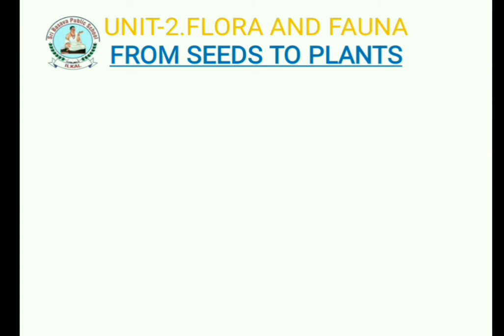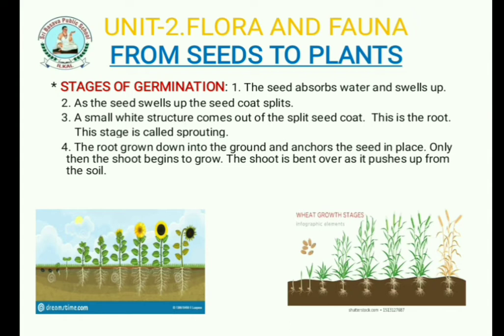Next, observe here, sunflower is there, wheat is there. These are two types of germination stages. First the seed swells up with water, next the seed coat is split, and next a white structure comes out from the seed, which is called sprouting.